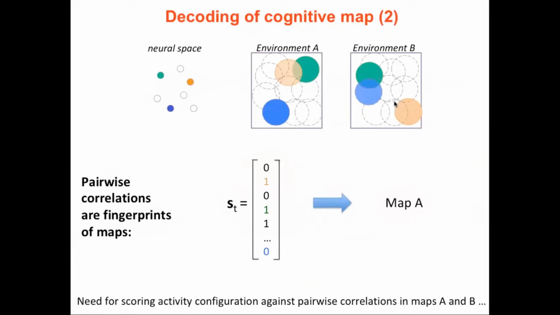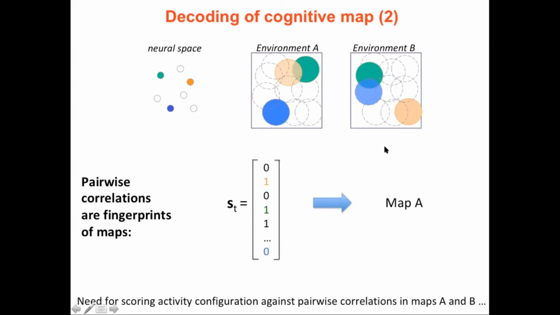If we consider neural space in the hippocampus, and three different recorded cells, the green, orange, and blue ones, they may have overlapping receptive fields in environment A, for instance the green and orange ones, while the corresponding receptive fields are far away from each other in environment B. So now, if we look at the activity vector of the cells at any time t, and we see that the orange and green cells are firing together, then it's very likely that the animal is evoking the representation corresponding to environment A. In environment A it's possible that the two cells are active together, while it's very unlikely to be the case in environment B.